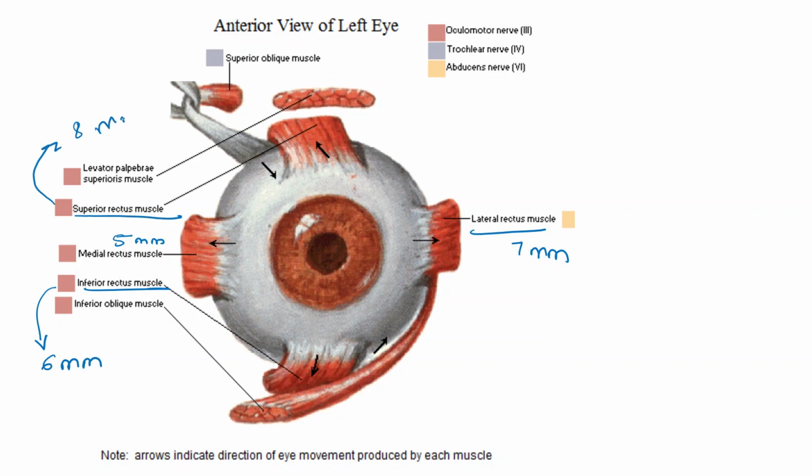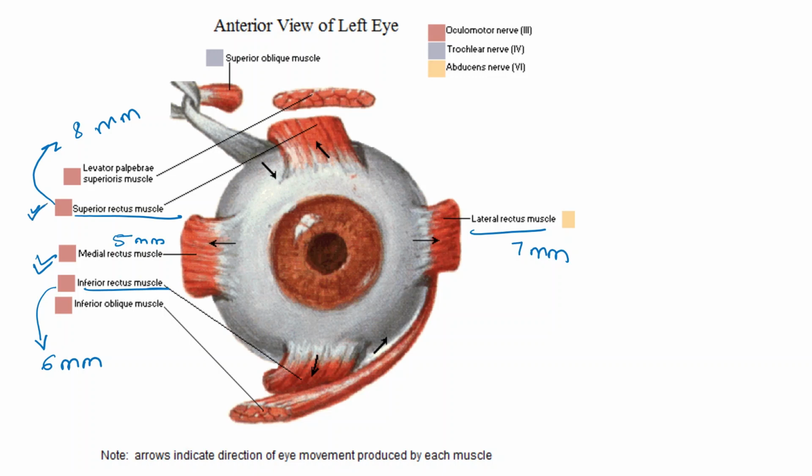So this is the insertion of all the recti muscles onto the sclera just behind the sclerocorneal junction. The nearest muscle to the junction is the medial rectus, whereas the superior rectus is the farthest.